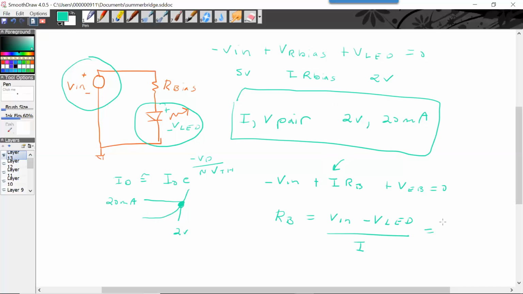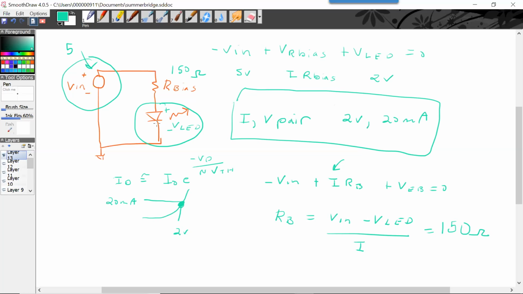And for this example, where we have 5 volts and a 20 milliamp, 2 volt pair, 150 ohms will make sure that that circuit is biased properly.